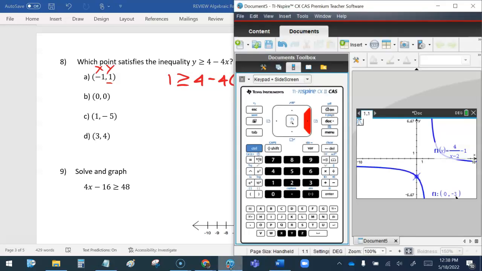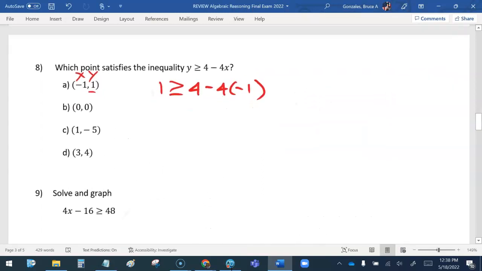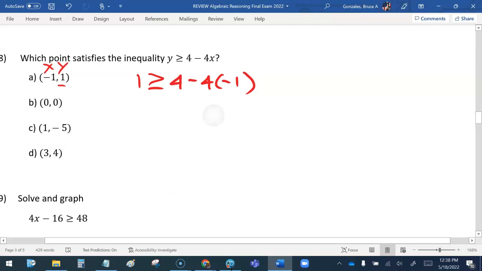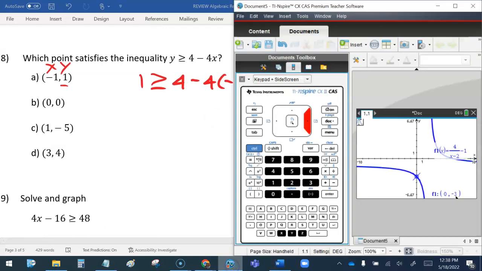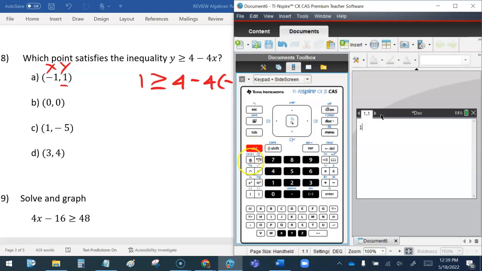So if I type that in my calculator, so 1, go to a new document, don't save, graph calculator, 1, hit control equals, and you can get that symbol, 4 minus sign 4, parentheses, negative 1. That is false.